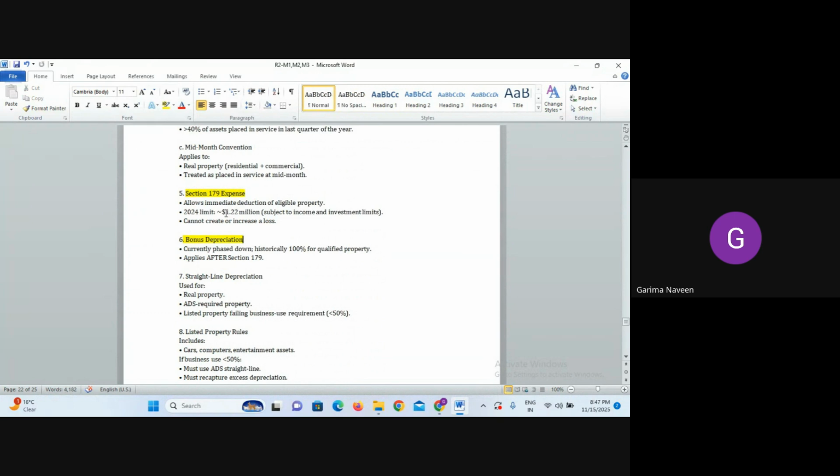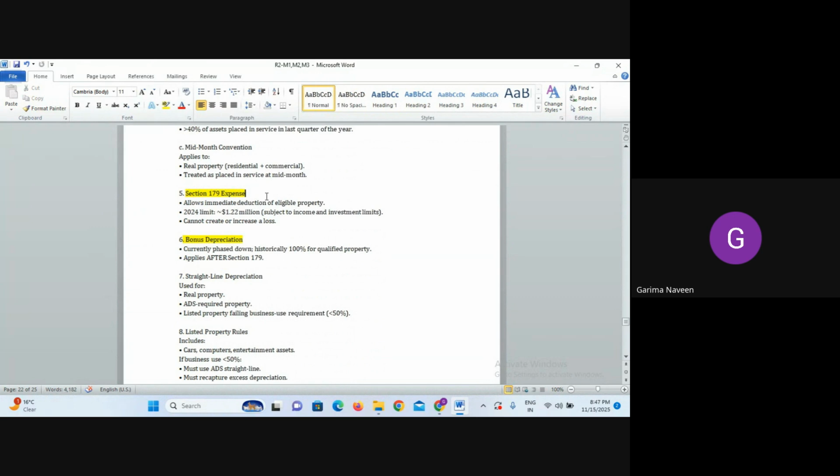It is an option, not a mandatory thing. It is an option that you can deduct your expenses related to some property in the first year. Which property is applicable under Section 179? The property should be new or old tangible personal property.